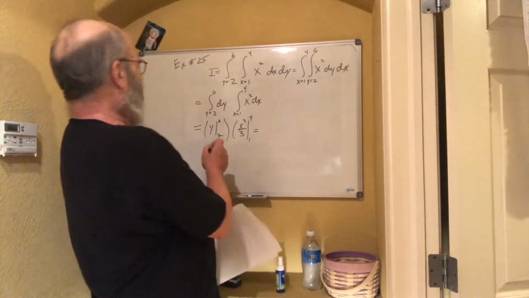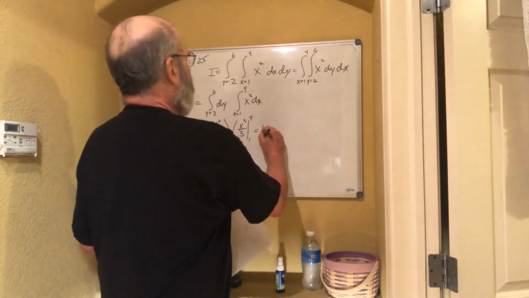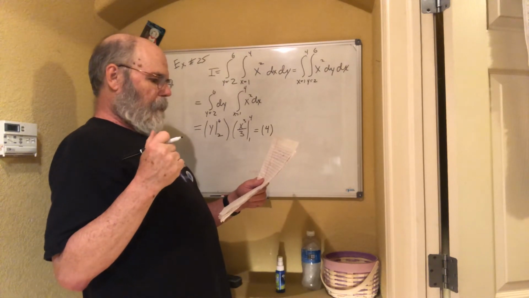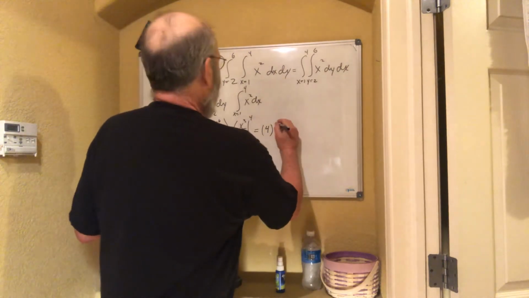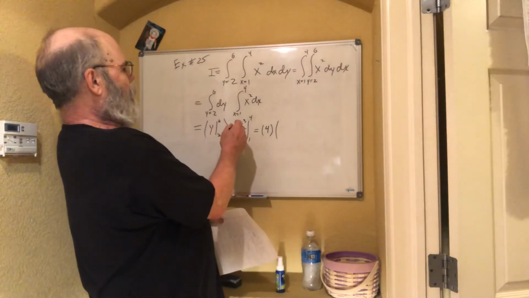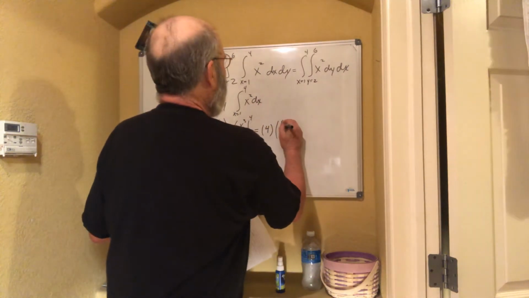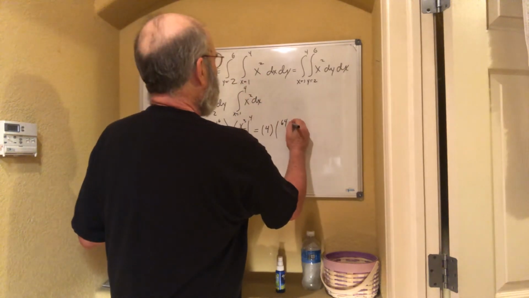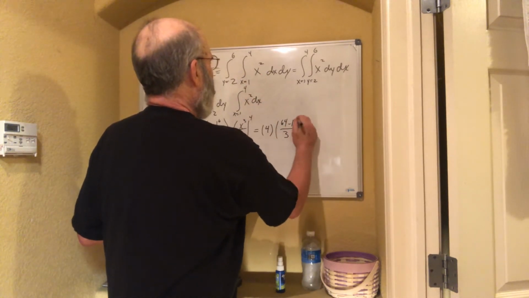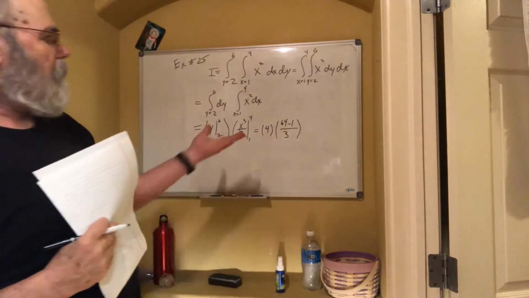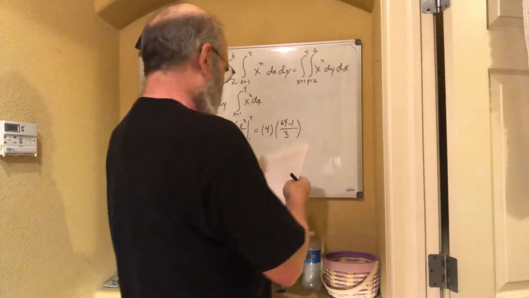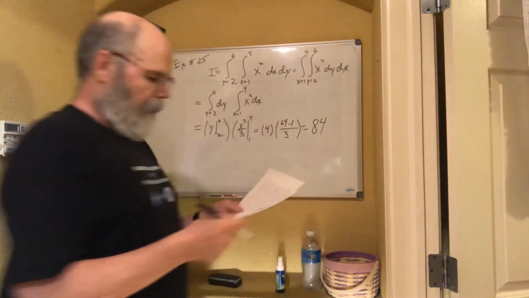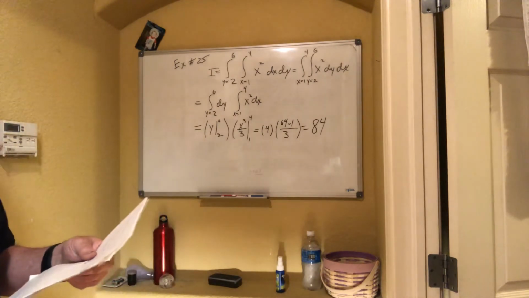And easy to evaluate, and of course y from 6 to 2, that just gives me a factor of 4, right? And then this guy here is going to give me, well, 4 cubed is 64, right? Minus 1, all over the 3 from the integration factor, so that's all there is to it. And when you simplify that out, it turns out to be the number 84.